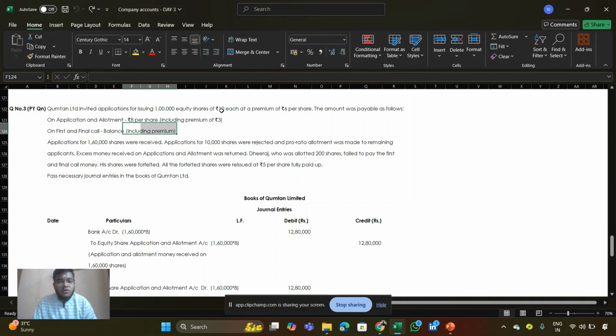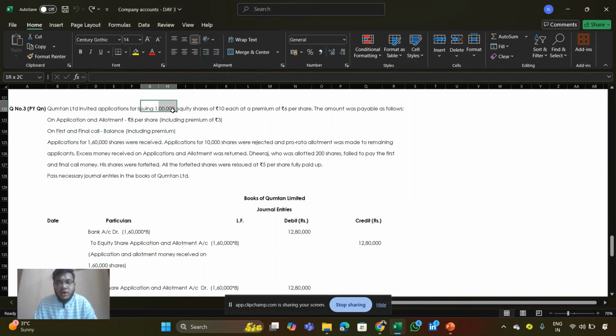Overall it comes to 10 rupees plus 6 rupees premium, 16. So in 16, application and allotment is 8, including premium of rupees 3, and the balance is first and final call, including premium.